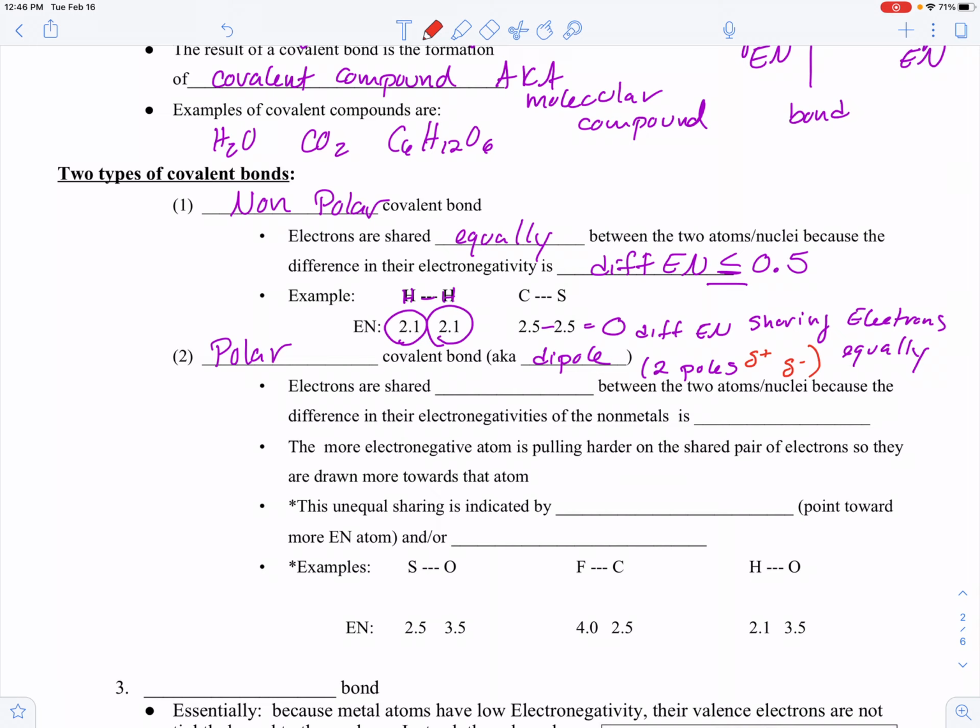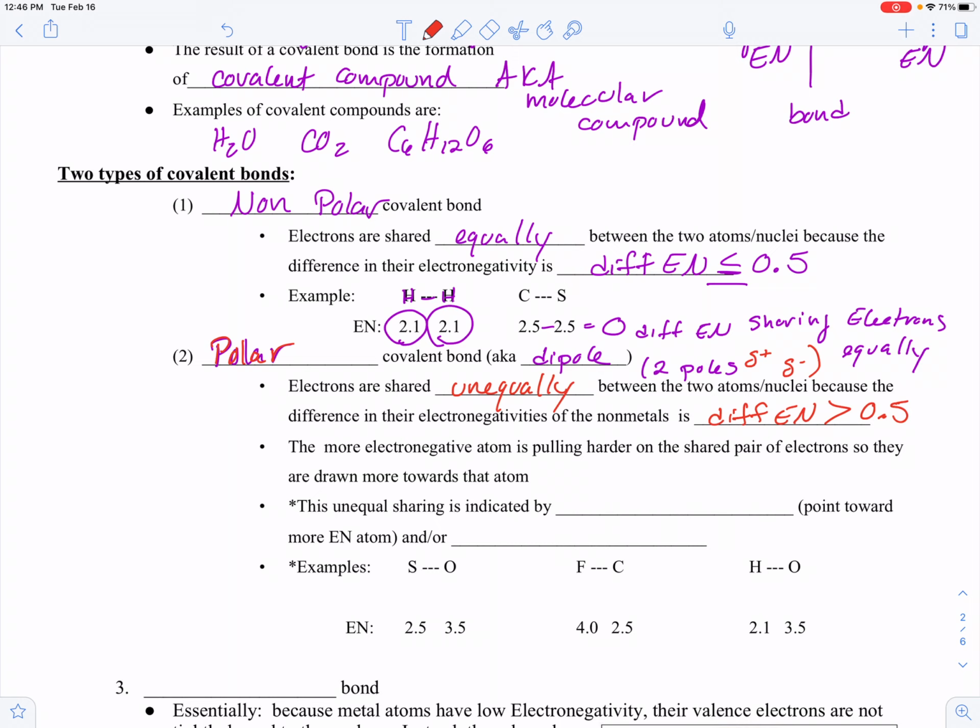In this case, the shared electrons are being shared unequally between the two atoms, or between their nuclei, and that's because their electronegativities have a greater difference. If their difference in electronegativity is greater than 0.5, then they're going to form polar covalent bonds.